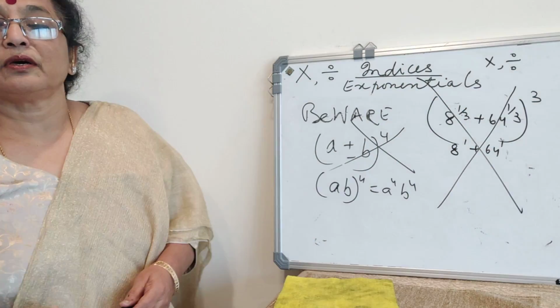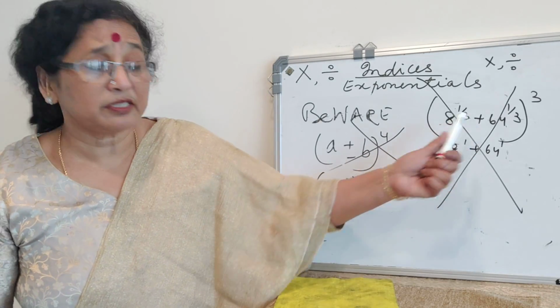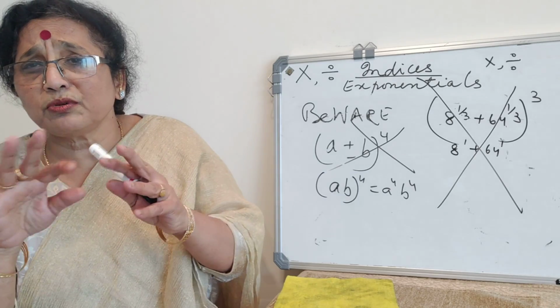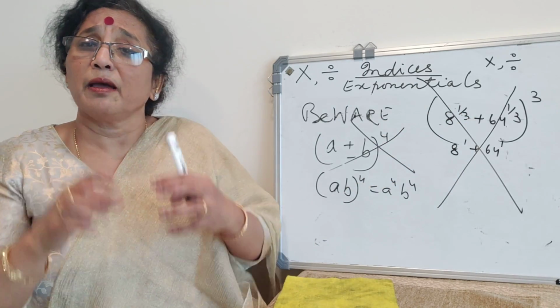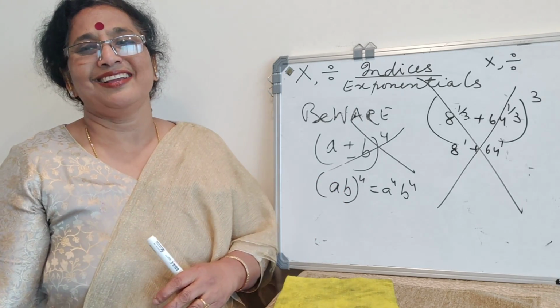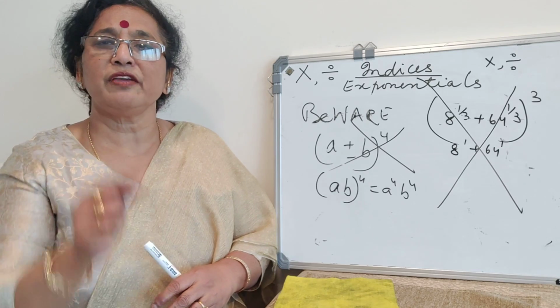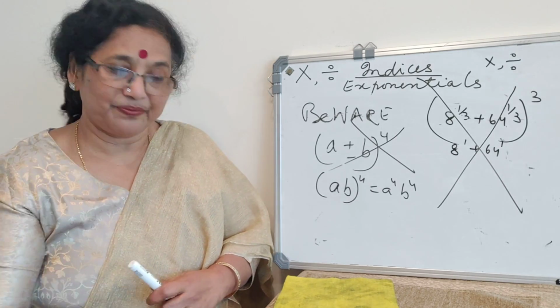Wrong. You cannot bring the power inside. Check the sign between the two numbers. Addition. Or if it's minus, what will be the sign? Exponential indices are not for addition and subtraction. It's only for two operations, multiplication and division.